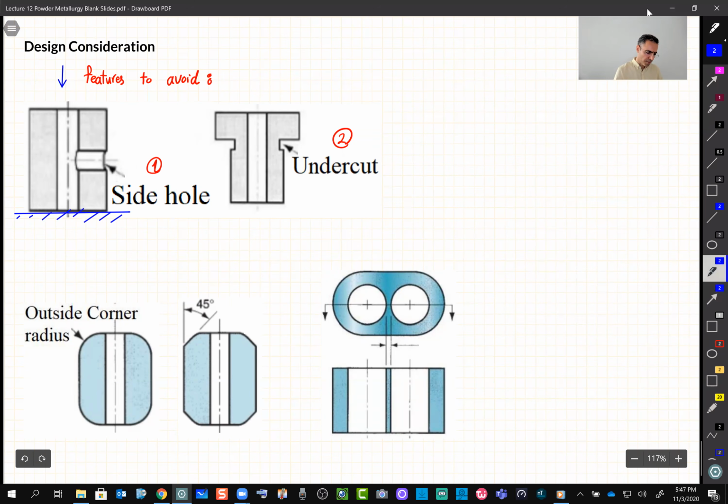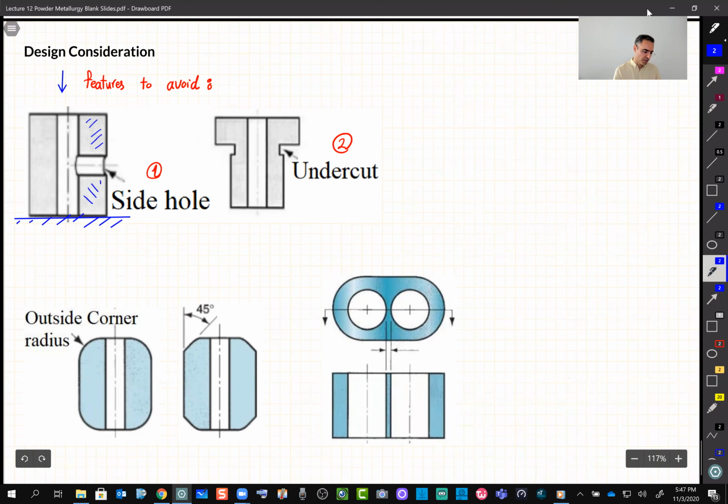Probably because you have a void space here, this section is not going to be compressed nicely. And the same with this part.